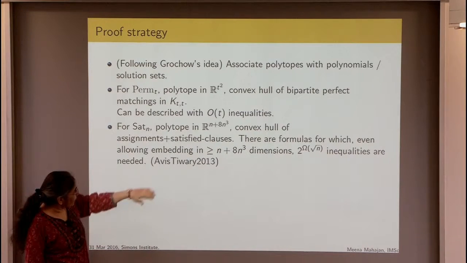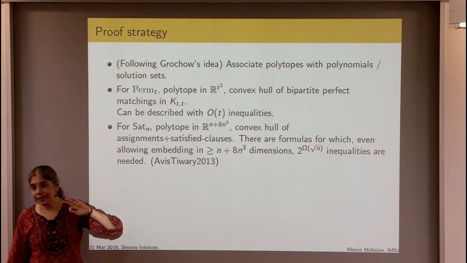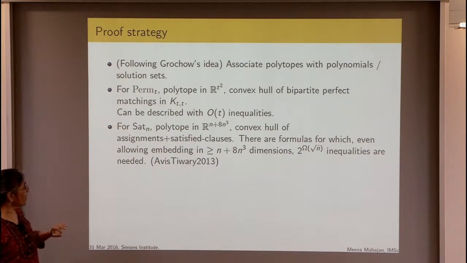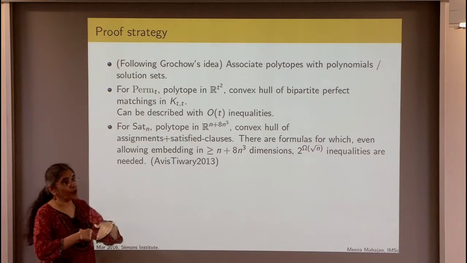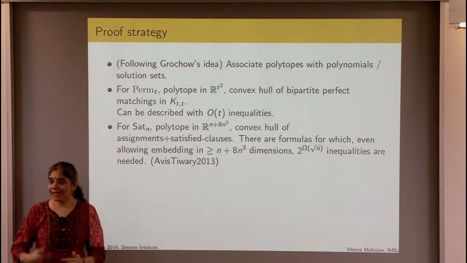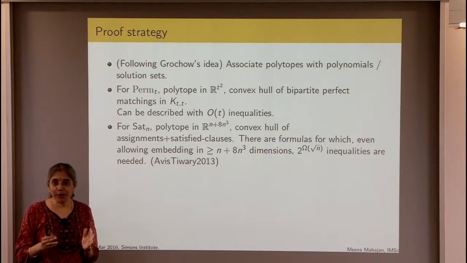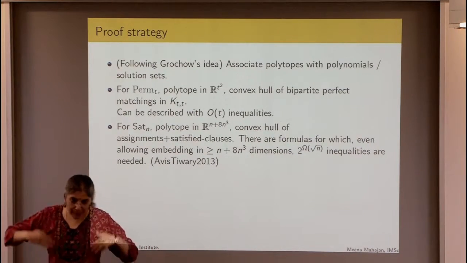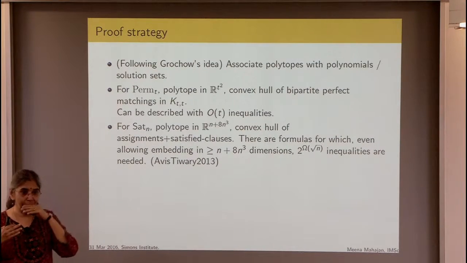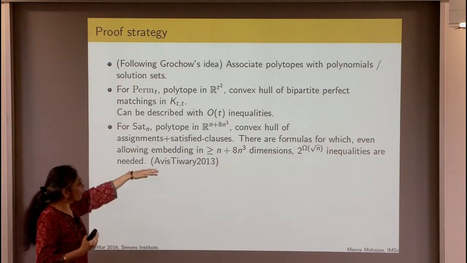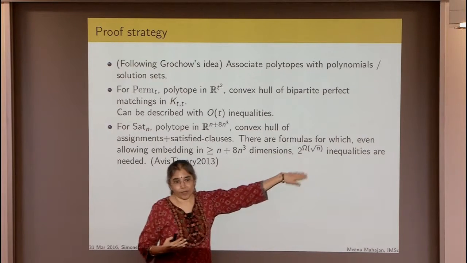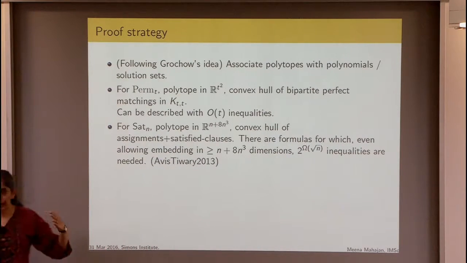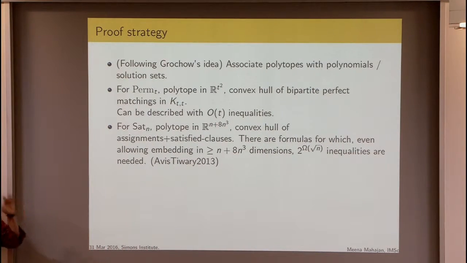Now, Avis and Tiwary have shown that there are formulas for which, if you look at the convex combinations of satisfying assignments, which is the polytope you're really interested in for these formulas, even if you look at its embedding in a higher dimension, to describe that polytope you would require lots of inequalities. So the extension complexity of the satisfying assignment polytope for some formulas is huge.